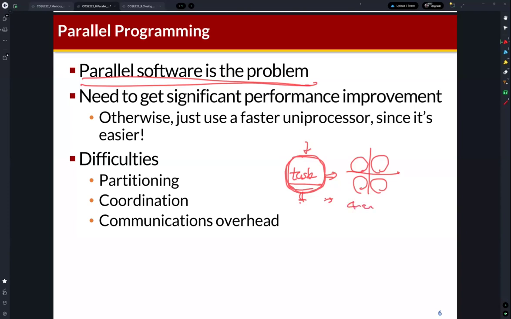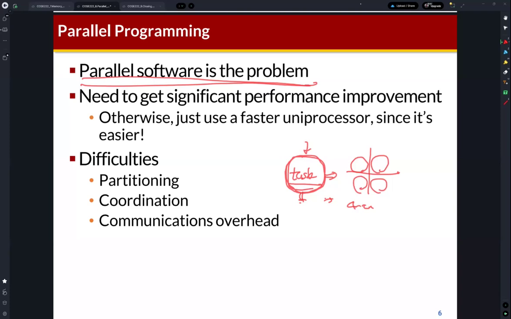Perfectly means every part can be parallelized. Okay, but it's not easy actually. We need to develop a very perfect parallel algorithm for designing these perfect parallel applications.